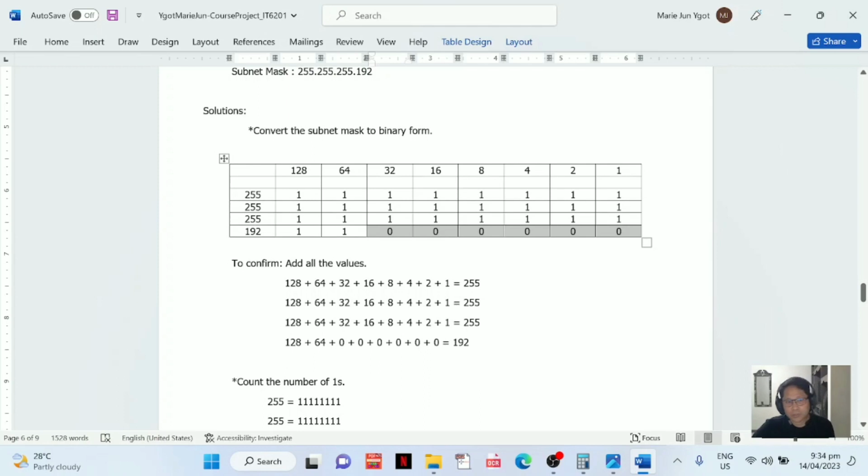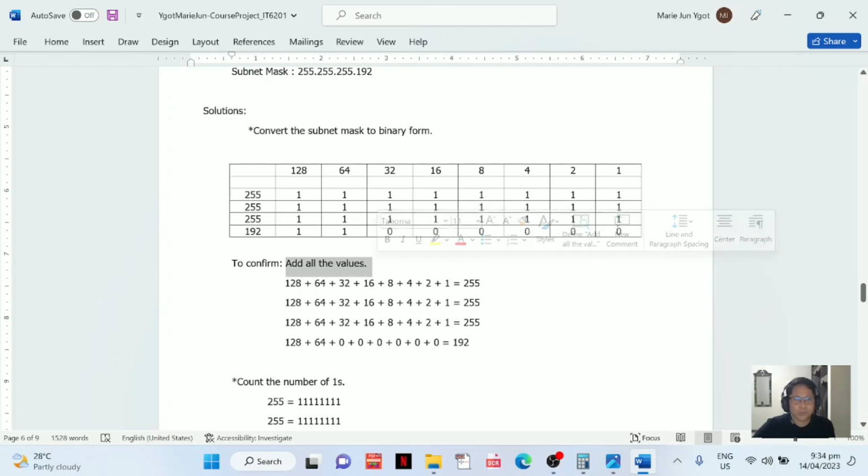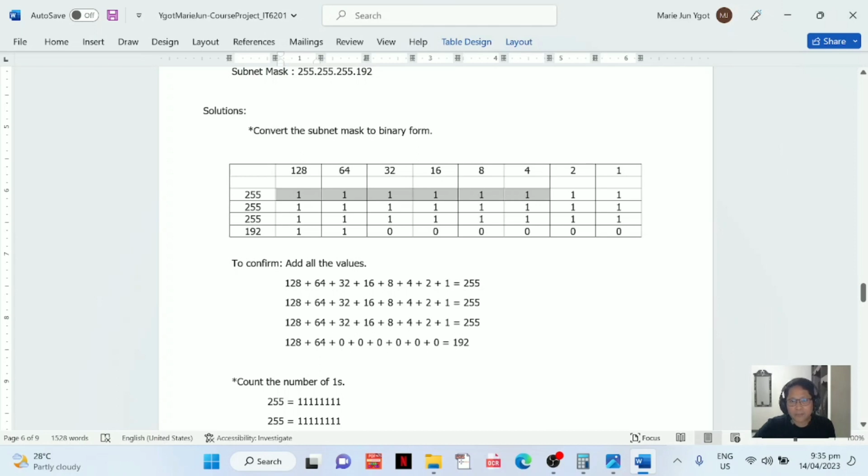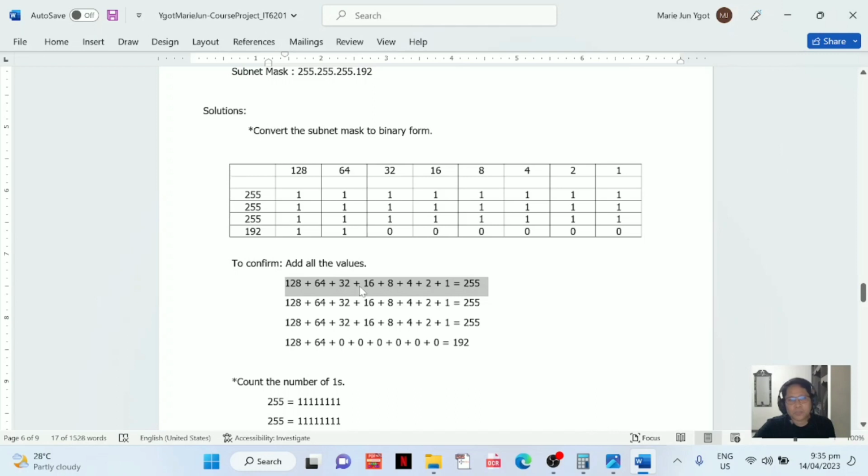Okay, so in order to confirm this, we are going to add all the values. So again, we already did this in the other problem. If we have 255, we add the values here, because we all have ones here. So again, 128 plus 64 plus 32 plus 16 plus 8 plus 4 plus 2 plus 1 is equivalent to 255.